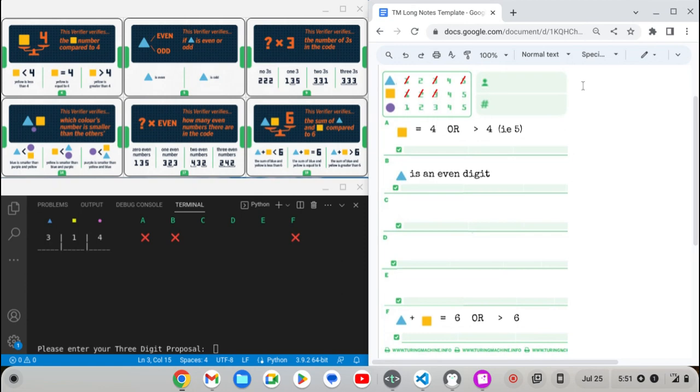So if triangle were 4, that would mean that we'd have 4, 5, 5. But I don't know how helpful criteria card B would be, because typically, either it's there or not.